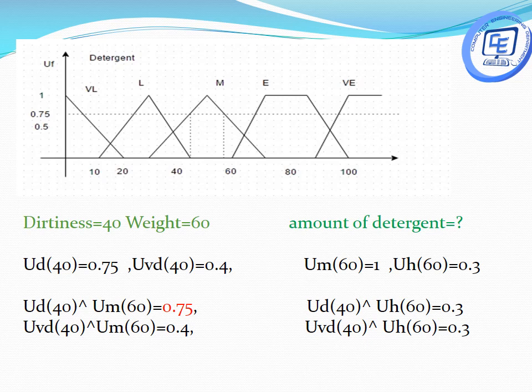Out of 0.75, 0.3, 0.3 and 0.4, the maximum value is 0.75. So our first equation, mu D of 40 intersection mu M of 60, is equal to 0.75.